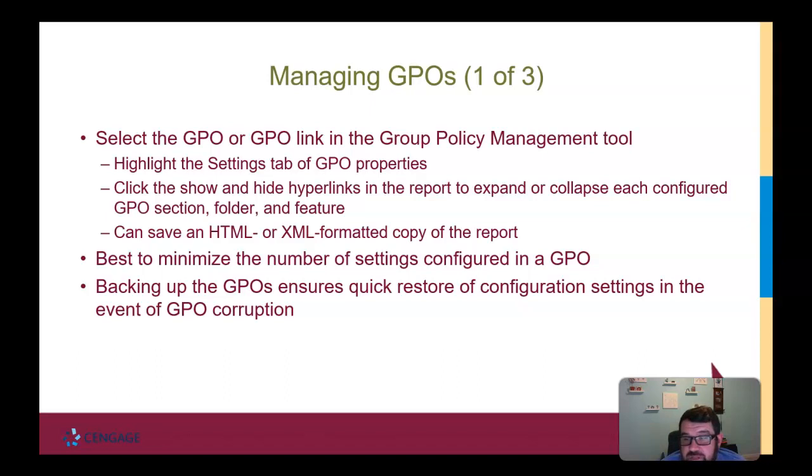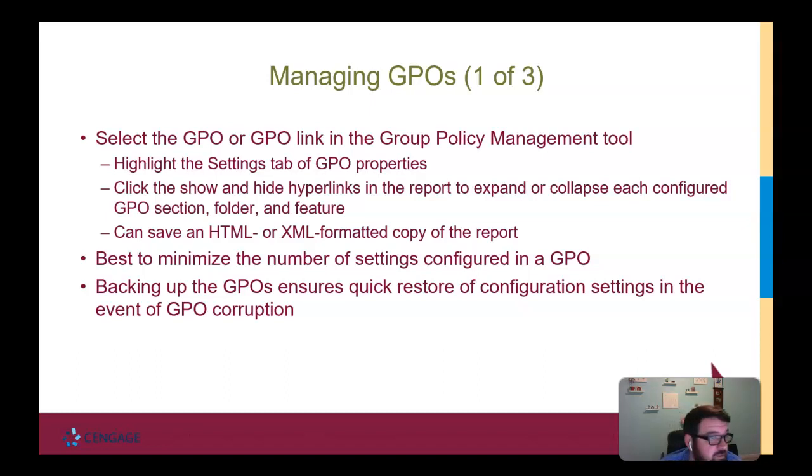It's important to note that it's better to create more GPOs with fewer settings than one GPO with a lot of settings. So that's why it says here, best to minimize the number of settings configured in a GPO. So usually you make them for specific things, and then you have a bunch of different GPOs. One applies your password policy.